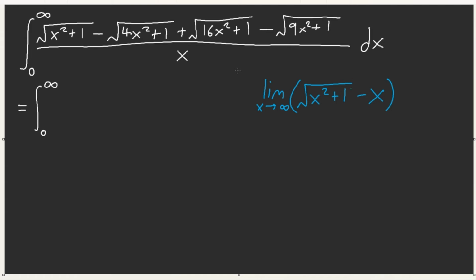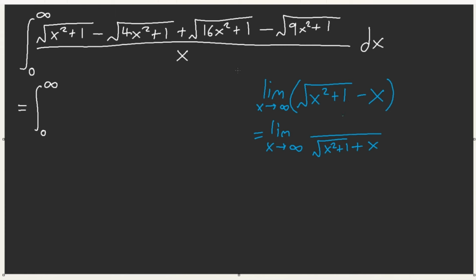Here, you can easily see that you can just conjugate this limit, x to infinity, right? With x to infinity, we conjugate this, x squared plus 1 plus x, right? X squared plus 1 minus x squared.